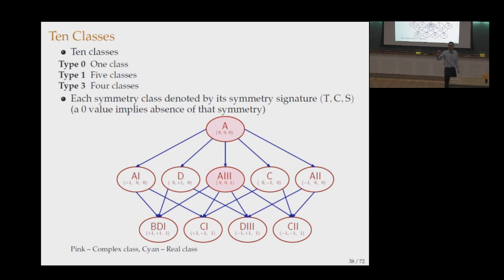So the arrows actually represent that. In some sense, anything in this class you can build from other classes, and if you follow this arrow and go here and so on, then you can traverse that periodic table as well.